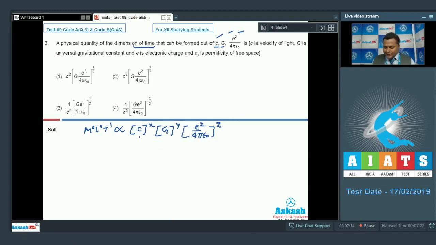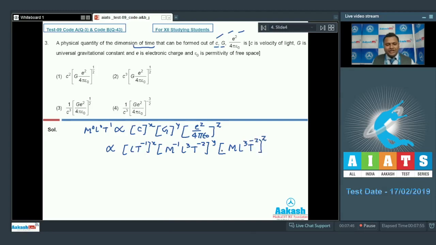Now, putting the dimensional formulas on the right hand side, we get c, which gives us LT^-1 to the power x, G, which gives us M^-1 L^3 T^-2 to the power y, and the third gives us M L^3 T^-2 to the power z.